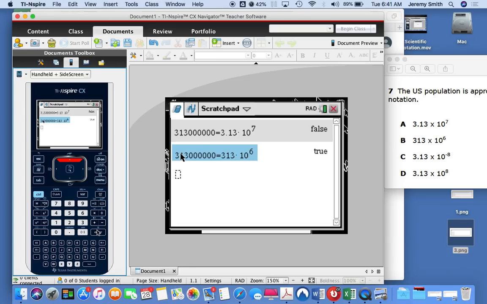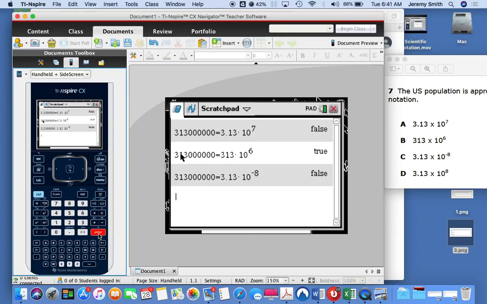All right, and I always tell you guys, go through all of them. Don't just stop at the first answer that tells you true, and there's a reason why. All right, so now I'm trying out C. This one says false.